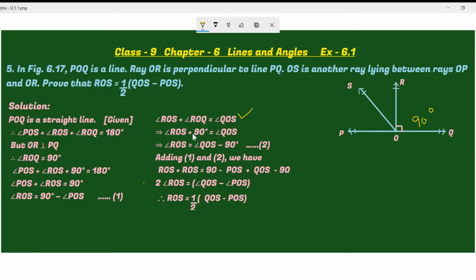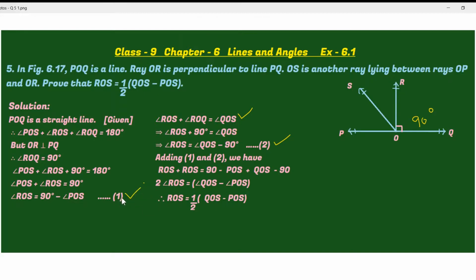If I substitute, I get ROS plus 90 is equal to QOS. If I bring this 90 to the other side, the equation becomes angle ROS is equal to angle QOS minus 90 degrees. This is my second equation.